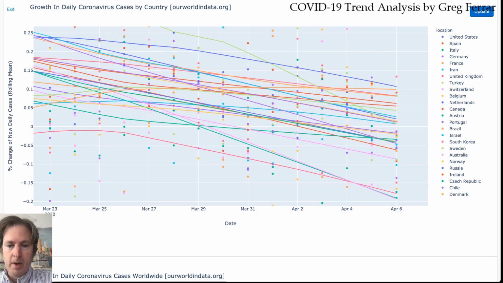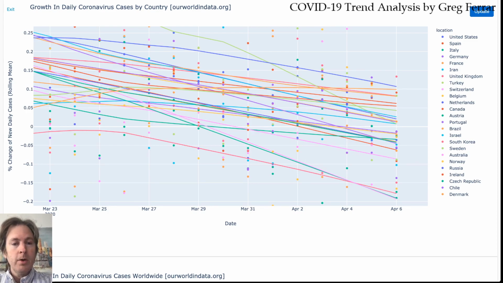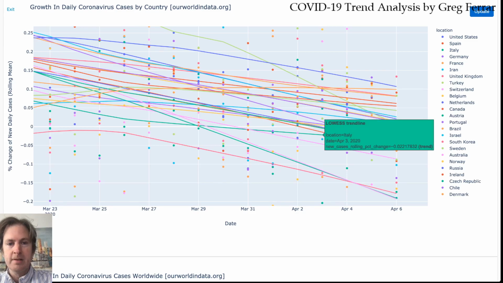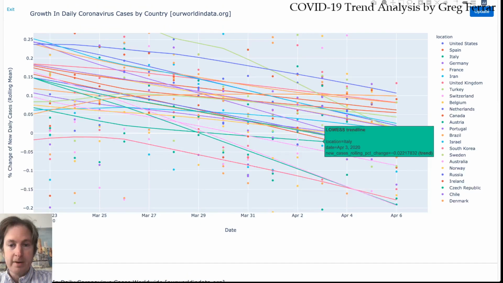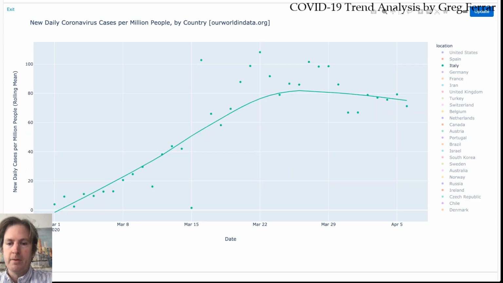What I love about this graph is it tells us what the news is going to say in a week. This graph says that back on March 29th, we could have said, and probably did, oh look, Italy is turning a corner. And now today in the news you read, oh, Italy seems to have turned a corner. It takes a while for those trends to be visible. This is the second derivative again. For those to make any real impression on the first derivative, for it to bend downward in the new cases, it takes a while.